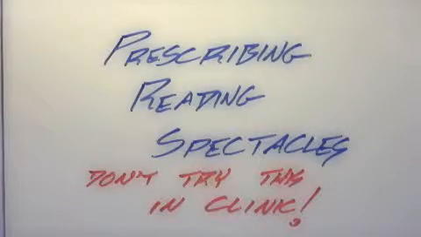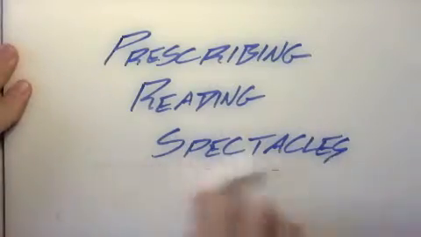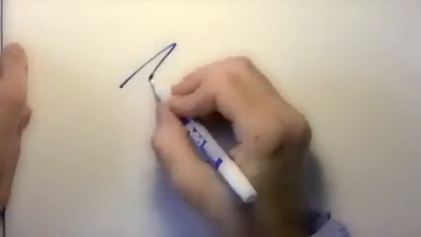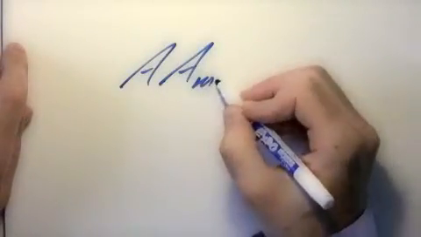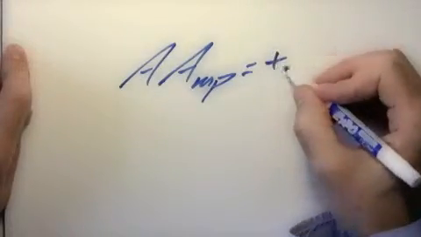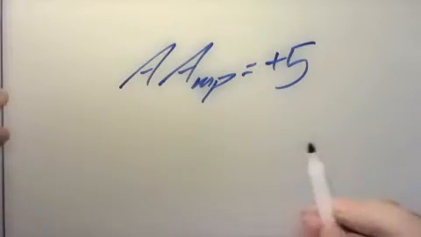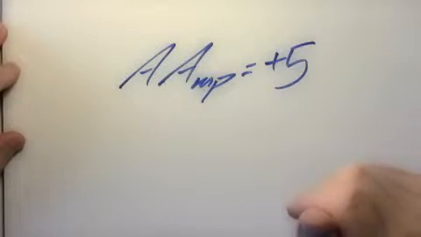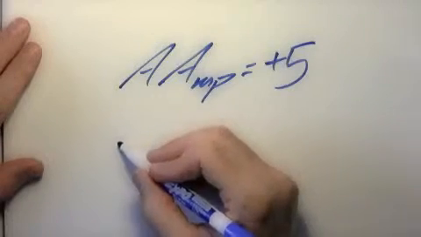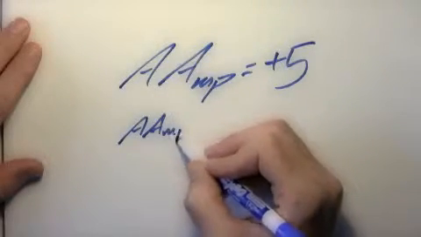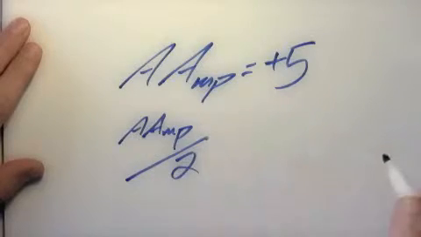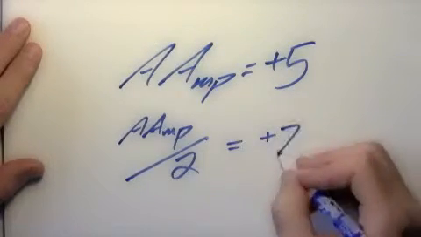Okay, anyway, the idea is that if someone can achieve but not sustain 5 diopters of accommodation, what does that mean? It means that the accommodative amplitude is equal to 5 diopters. Then the amount that he or she can achieve and comfortably sustain is equal to accommodative amplitude divided by 2, which in this case is equal to plus 2.5 diopters.